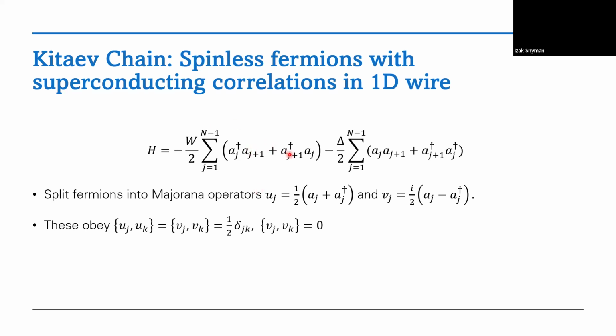This first term is hopping from site to site. And then there are superconducting correlations, in the usual way. In this term we have two annihilation operators or two creation operators, which is the hallmark of BCS.